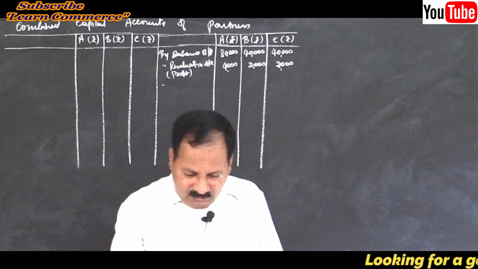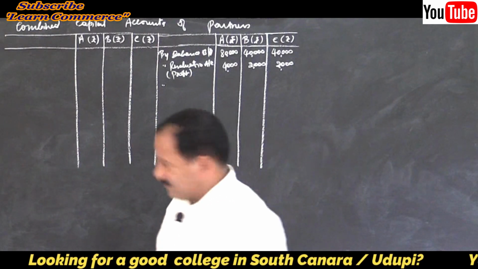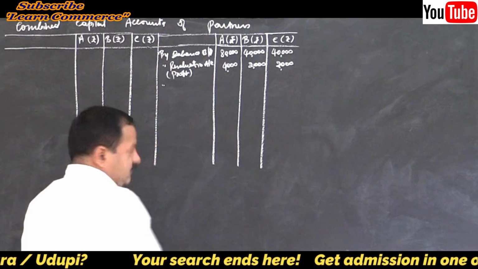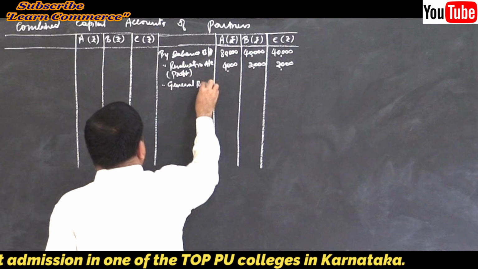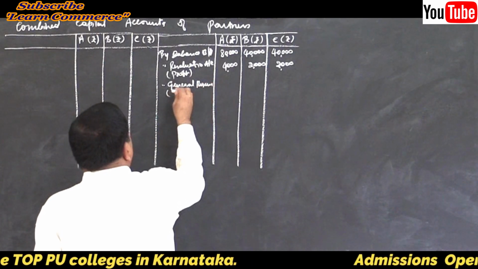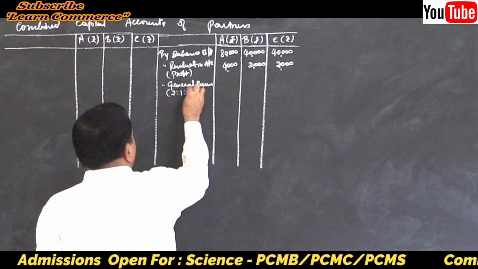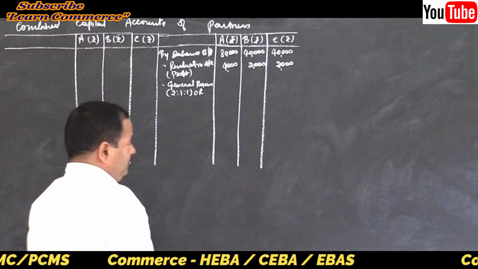Then I think there is an accumulated reserve, general reserve, right? General reserve, yes it is. We should distribute it among the partners in the old ratio, 2:1:1.